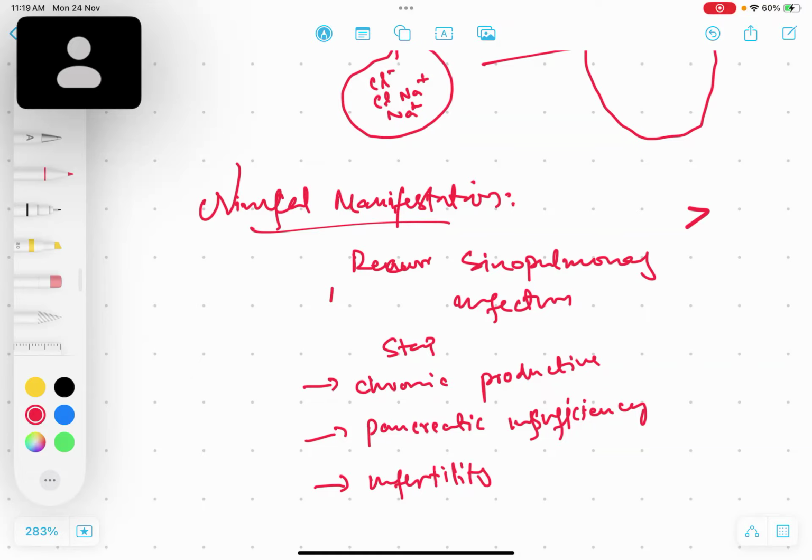Okay, but for example, in children, you will see a lot of Staph aureus infections. Okay, Staph aureus as well as H. influenzae. But in adults who are over the age of 20, you have a lot of Pseudomonas aeruginosa. Okay. So by age, you should be able to differentiate between these different respiratory infections.